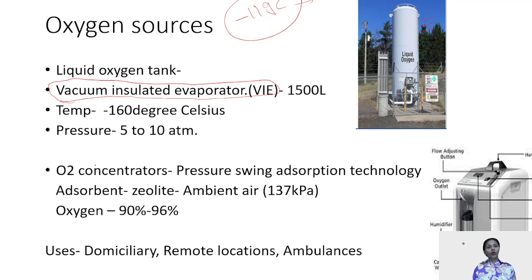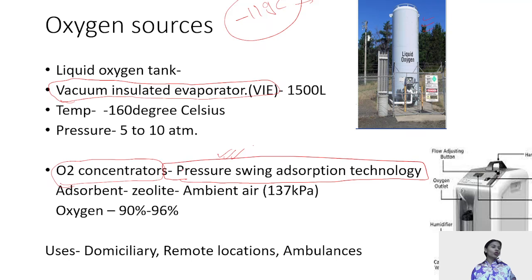The second source is oxygen concentrators, developed on the principle of pressure swing adsorption technology. Your air passes through an adsorbent, which is zeolite, an aluminium silicate.